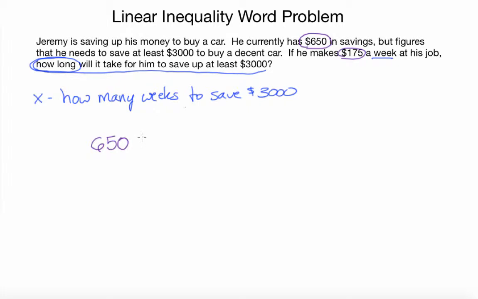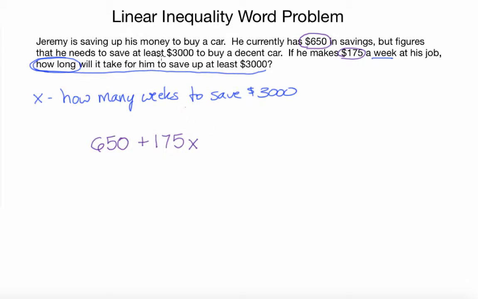So I'm going to add to that $175 every week. Well, my unknown number of weeks is x. That's what I'm trying to find. So how many times do I have to add $175? So I'm going to do 175 times x, the number of weeks it'll take.